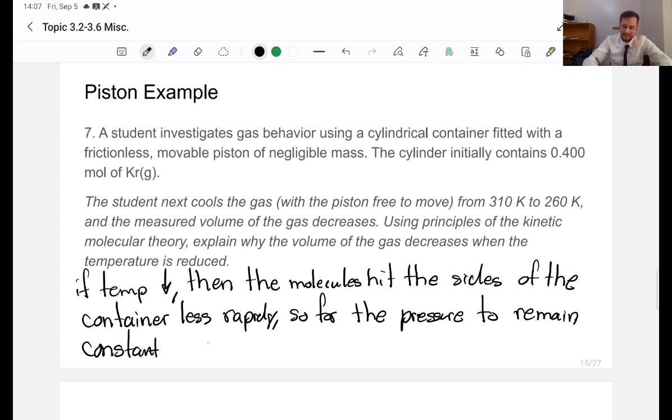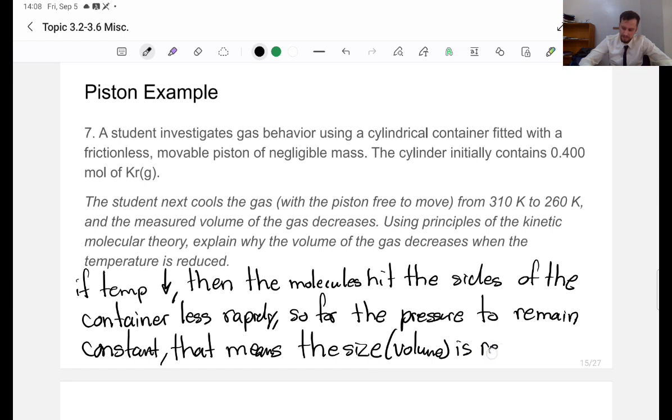For the pressure to remain constant, that means the size, which is the volume, of the space is reduced. Okay? So again, think about this in terms of PV = nRT.